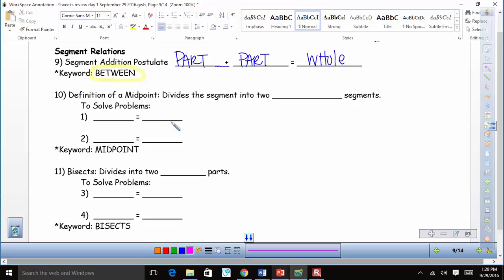Okay, and then what about midpoint? What does midpoint do? It divides the segment into two what? Okay, congruent or equal, whichever one you want to use. Congruent or equal segments. So if my two parts are equal, what formulas could we use for that?